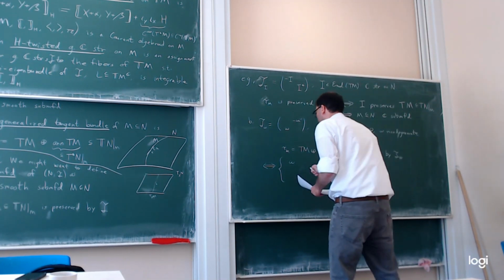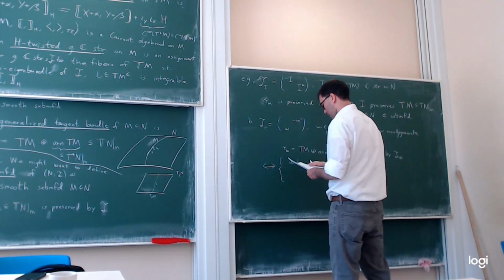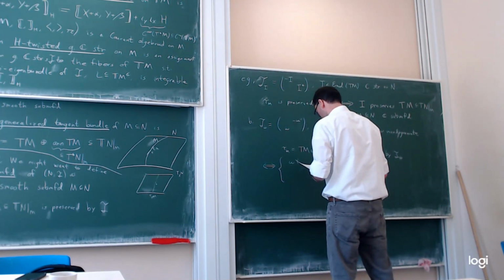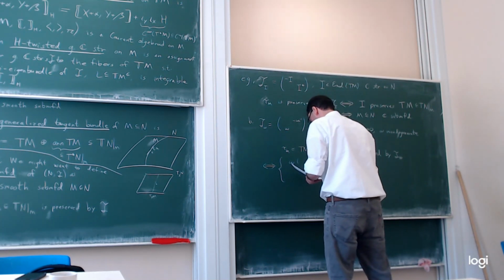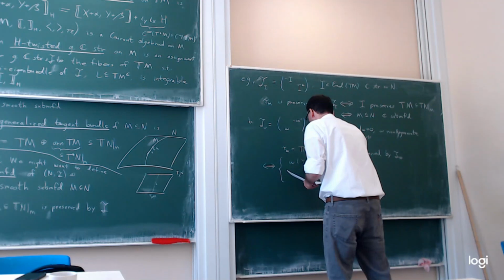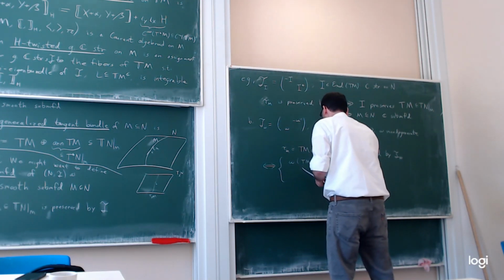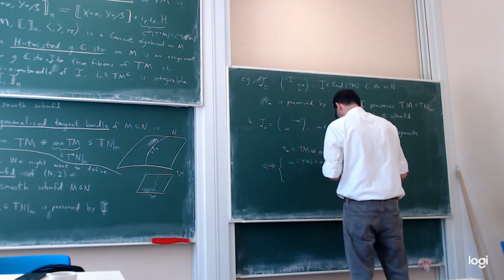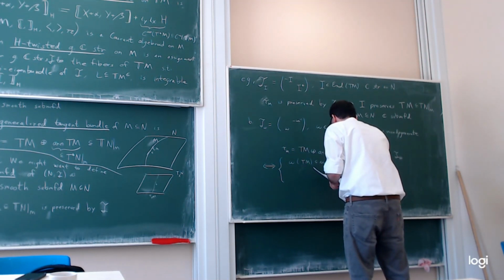So in this case, we need this map to send the tangent bundle into the annihilator of Tm.